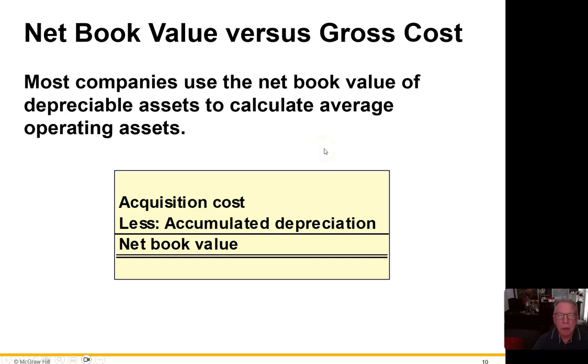Most companies use net book value of depreciable assets to calculate the average operating assets. How do we get that? I think you know by now. We subtract accumulated depreciation from the original acquisition cost of that asset to get to the net book value, sometimes called carrying value or simply book value.